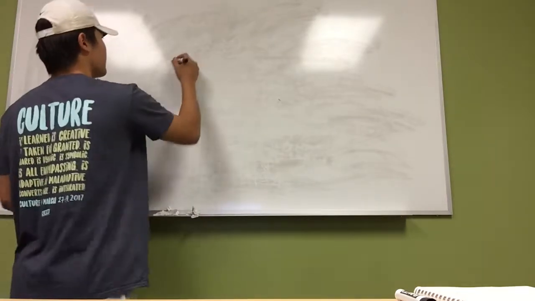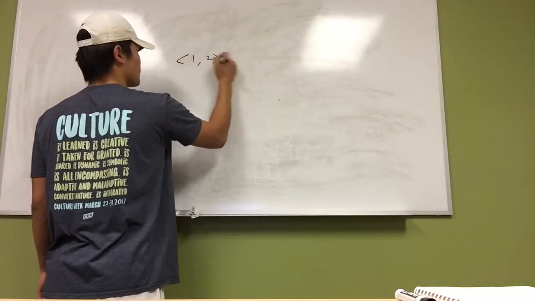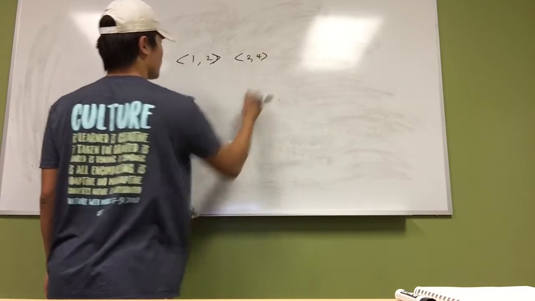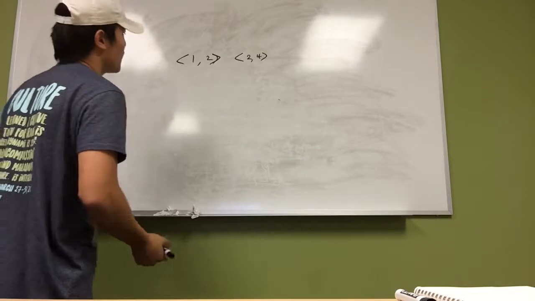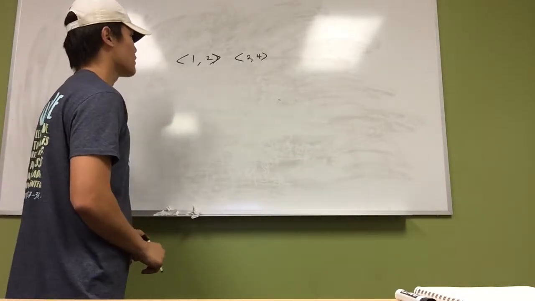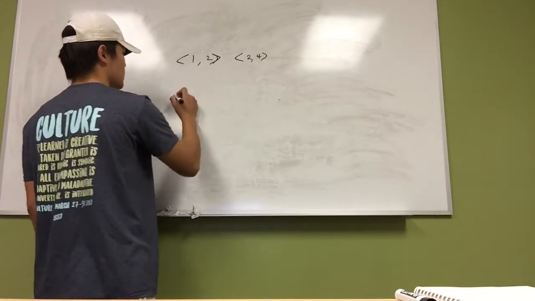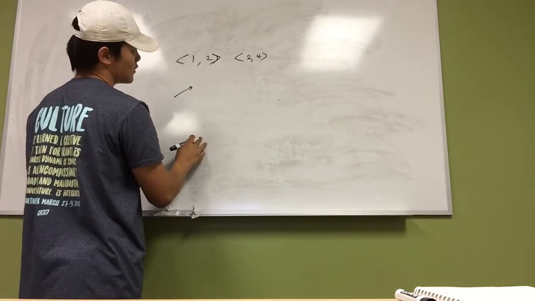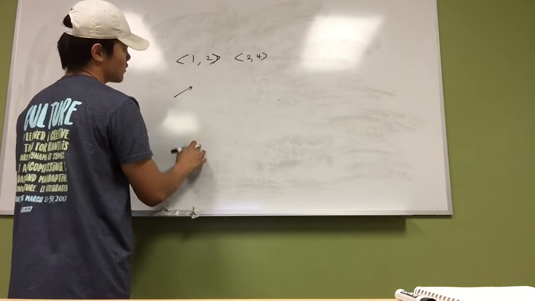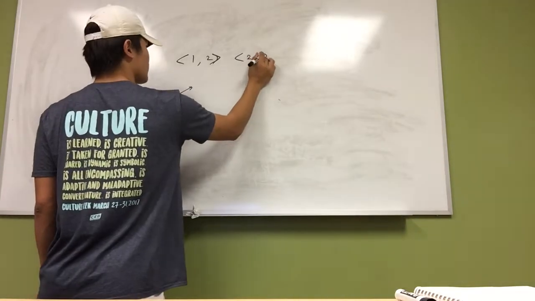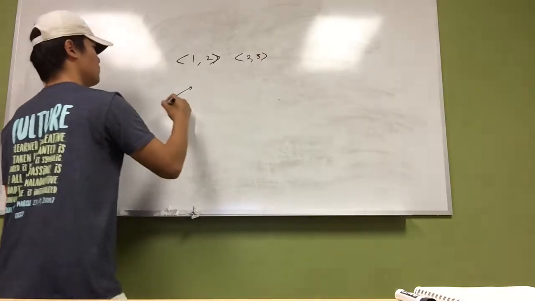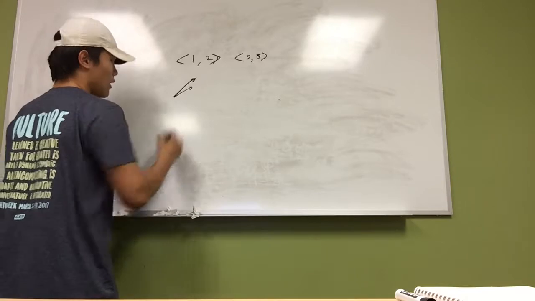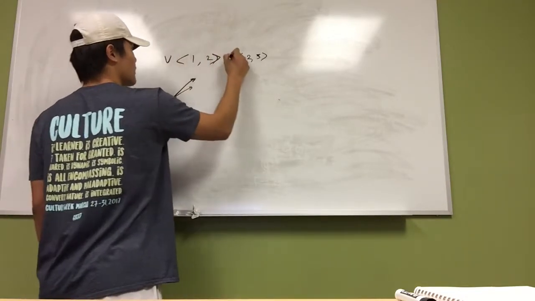Let's say we have vector 1, 2, and we have another vector like 2, 4. Cool. So how do we add these vectors? Let's say this is something like this, and that's something like, actually, I'm going to make this 5. Something like that. I'm going to call this v and this w.